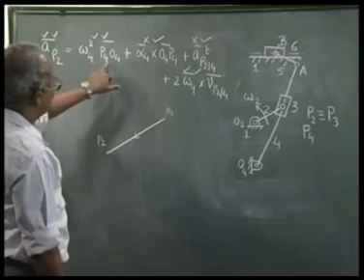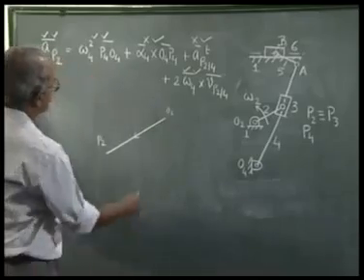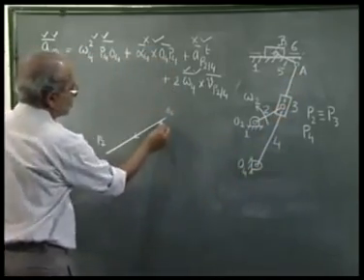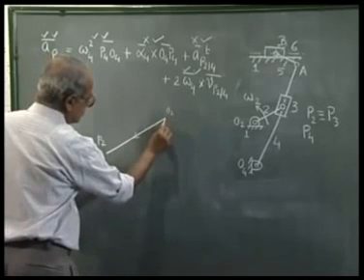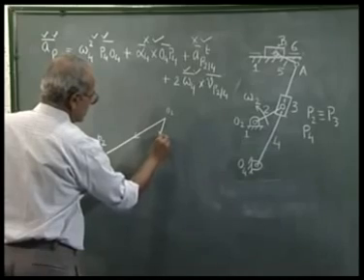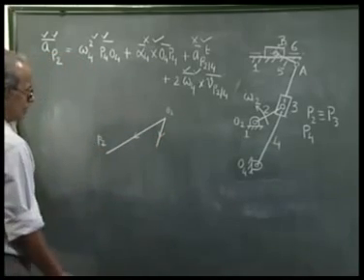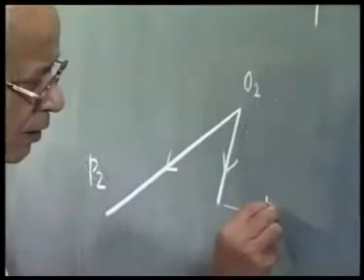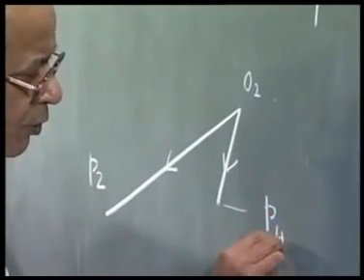Omega 4 square P4 is completely known, and that is parallel to this line towards O4. So, I can draw to the same scale, let it come up to this point. This I call P4 prime.